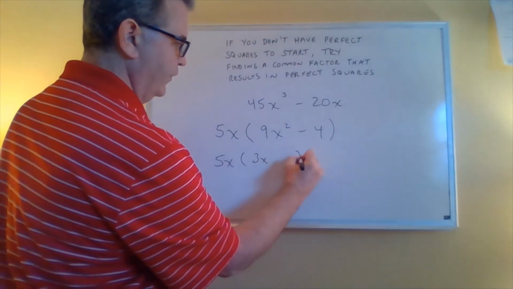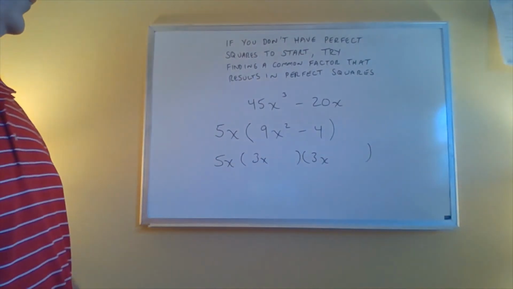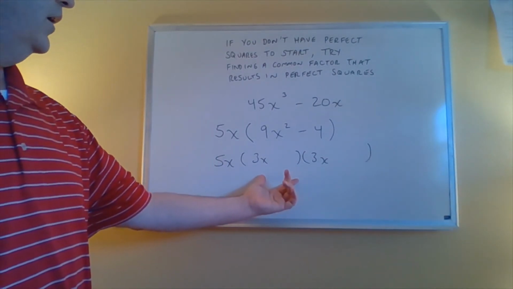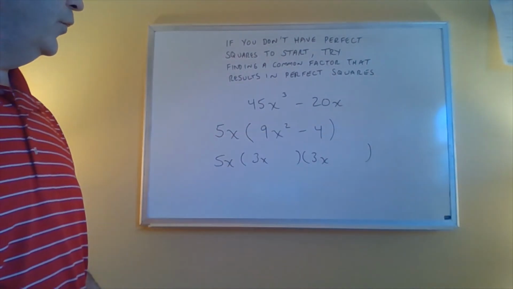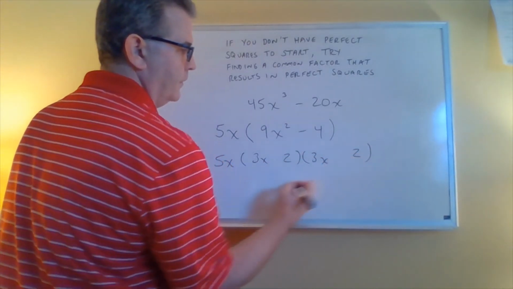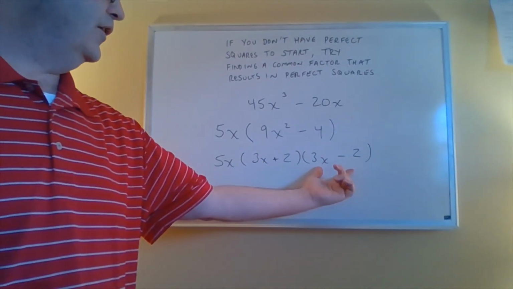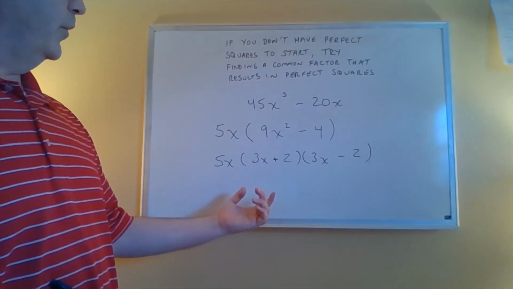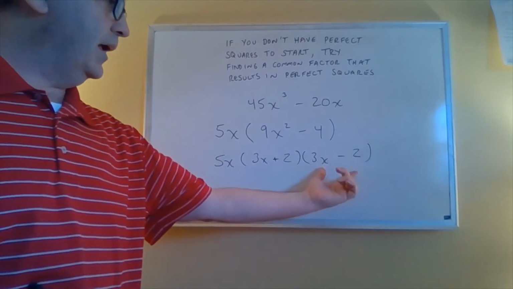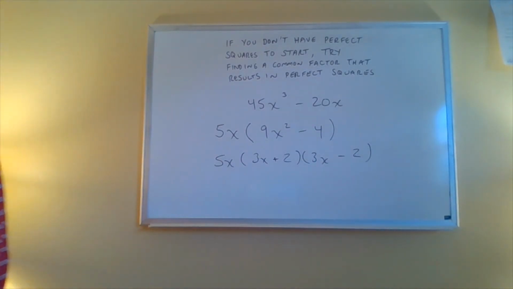So that becomes the first term in our new set of factored parentheses. How about 4? What do I multiply to get 4? 2. I'll get 3x plus 2 and 3x minus 2. You might remember it from before as a plus b, a minus b. If that helps, but let's look at one more example.